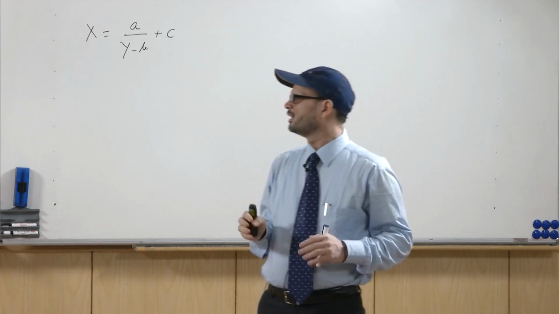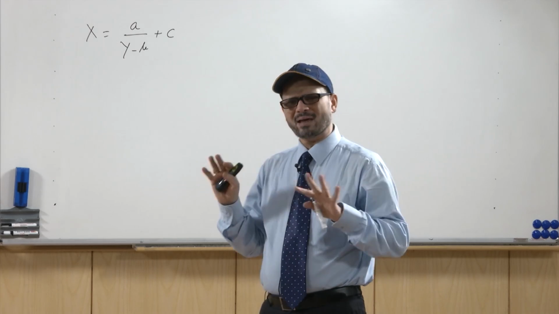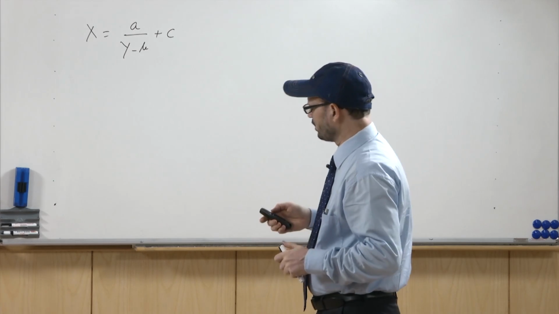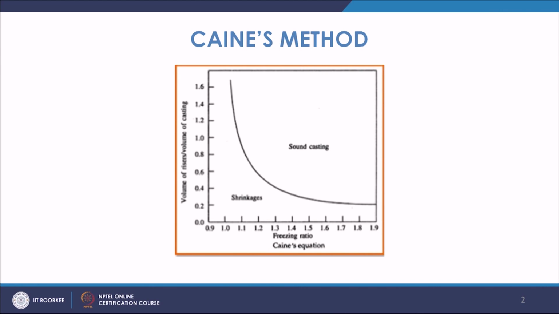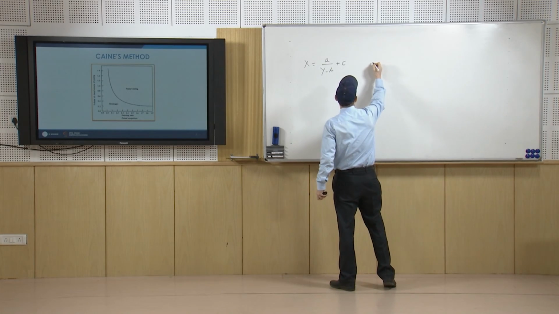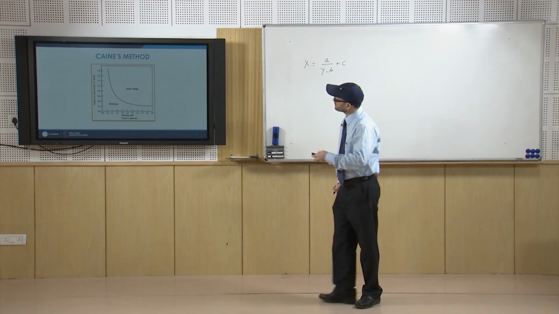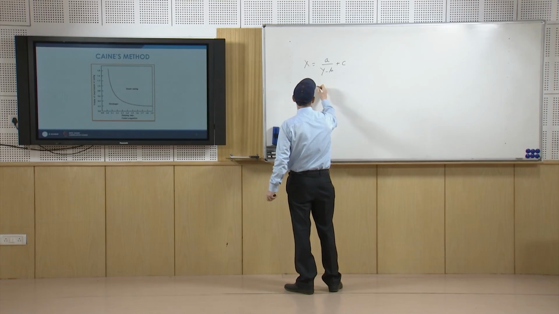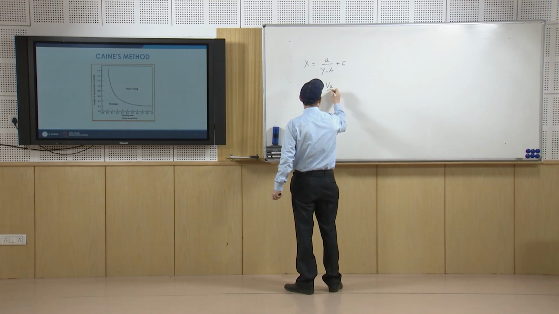So, they have taken V by A as a parameter which is indicative of the freezing time. This x is the ordinate, the volume of riser to volume of casting. So, this is x, x is volume of riser to volume of casting.